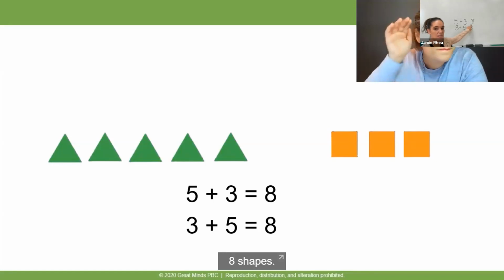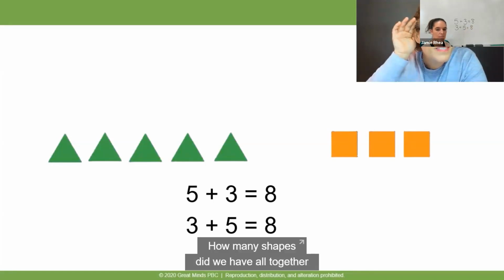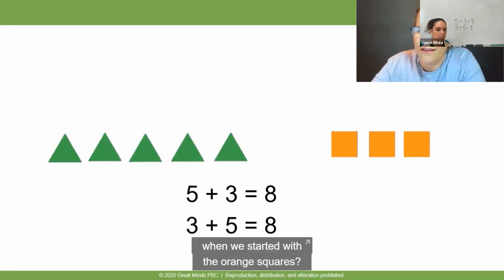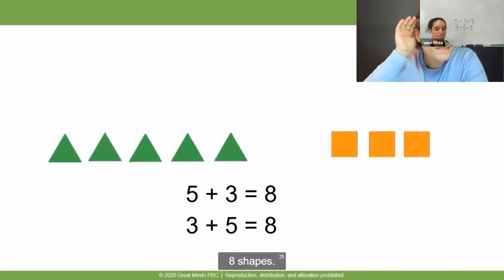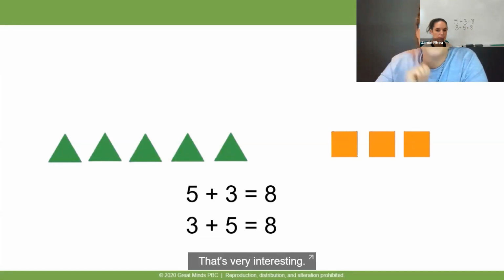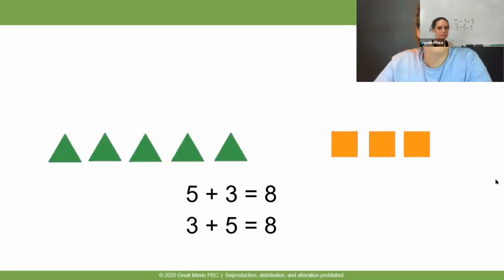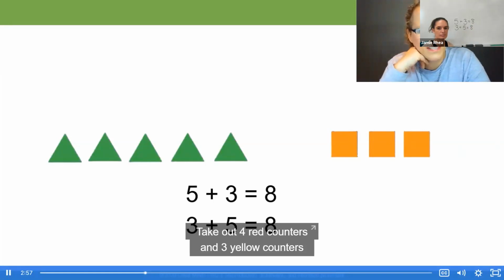We had 8. 8 shapes. How many shapes did we have all together when we started with the orange squares? We still had 8. 8 shapes. That's very interesting.